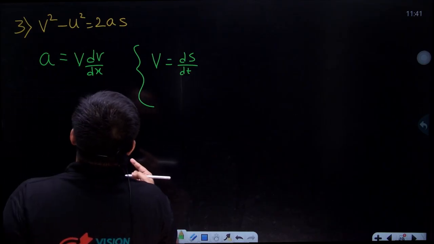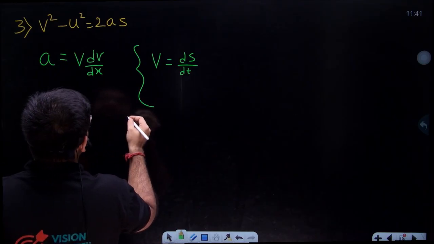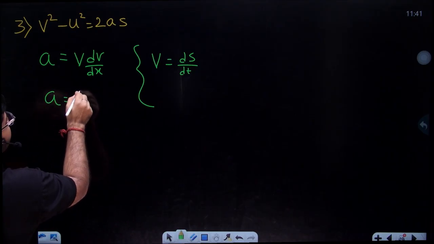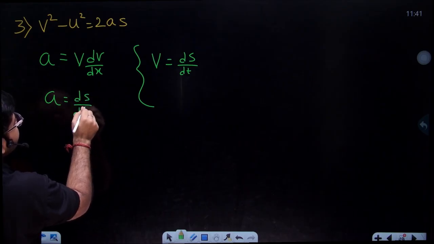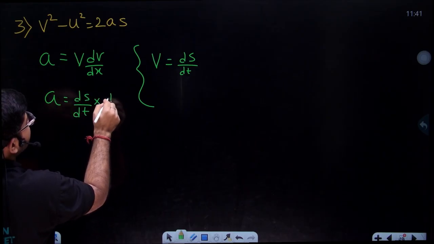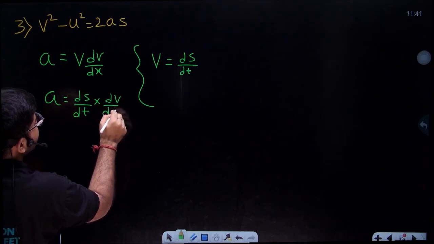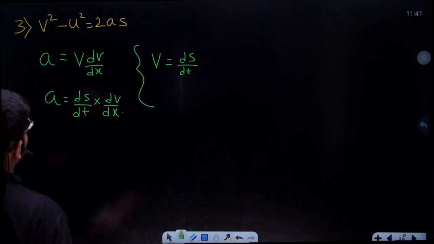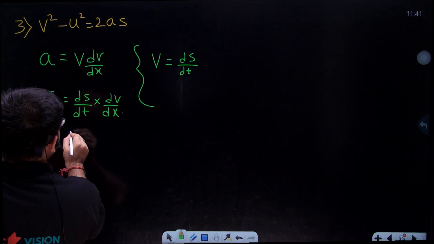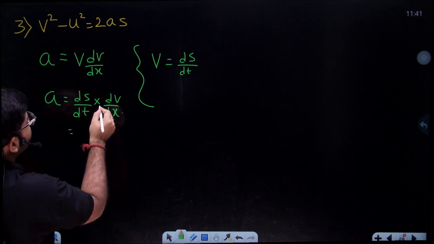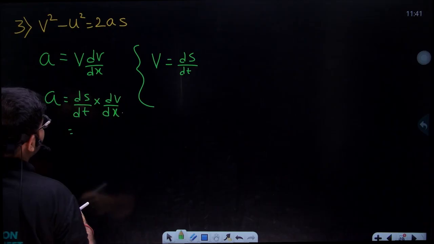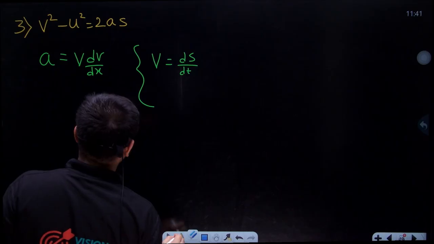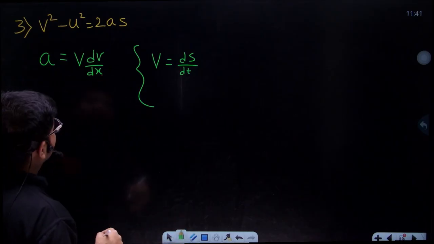Now, this can be written as, I can write a to be ds/dt into dv/dx, okay. So if you write it, you are going to get v dv/dx. So I can write the acceleration to be v into dv/dx.